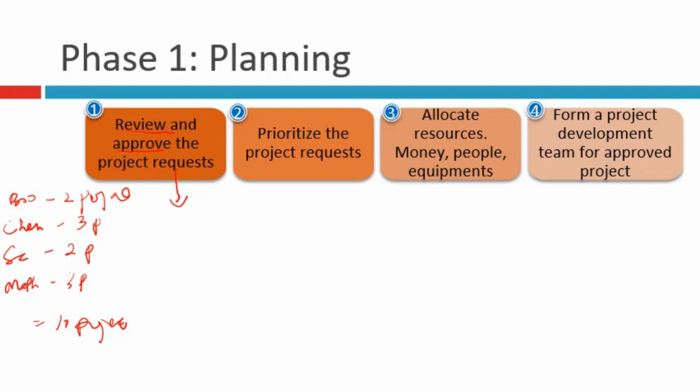So if they say this one needs to be continued, the biology project, 2 projects, is a very good project, we have to continue, we have to start this project. The chemistry, we have 3 projects, but the first one is not very important, so we just continue with these 2 projects. Science computer, we have decided to continue with these 2 projects.